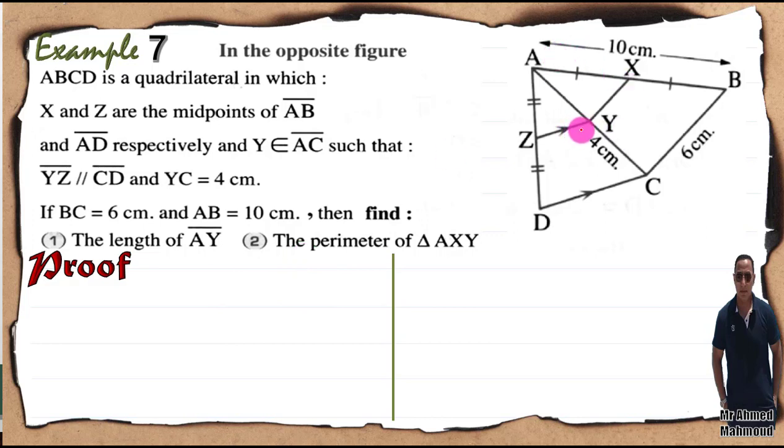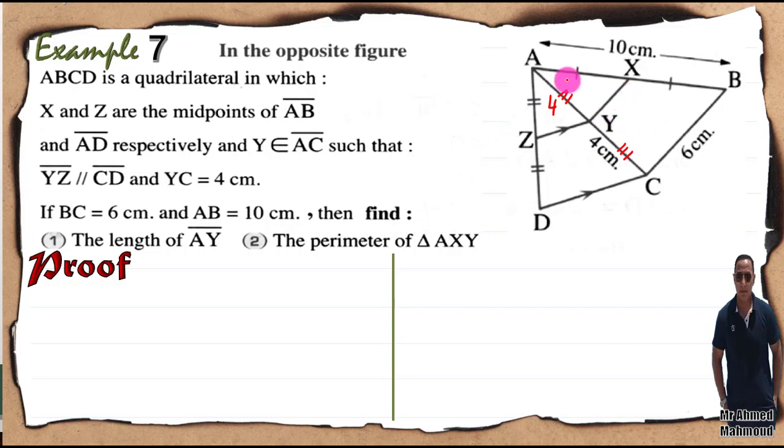First, I'm going to start in triangle ADC. Since Z is a midpoint and ZY parallel to DC, therefore Y is a midpoint and YZ half DC. Since YC equal 4, so AY also equal 4.